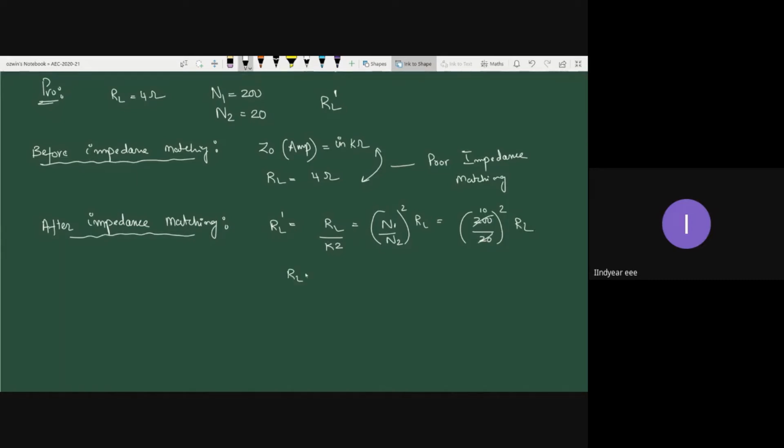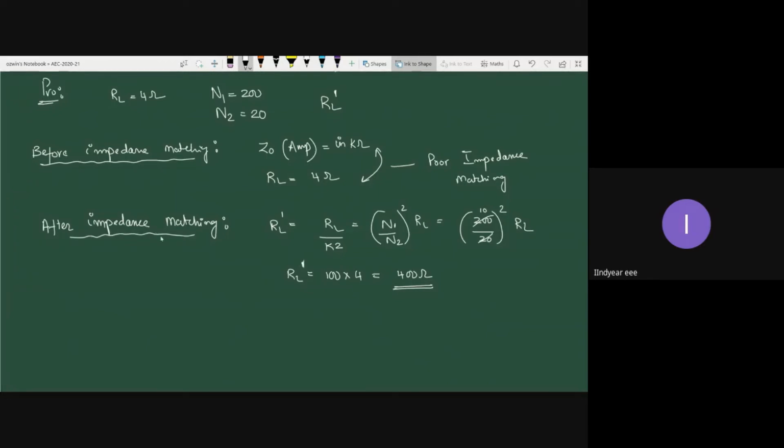So this is 10. So RL dash is 100 into 4, or it is 400 ohms. So RL dash is 400 ohms.